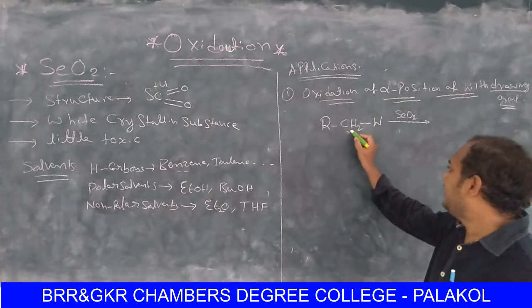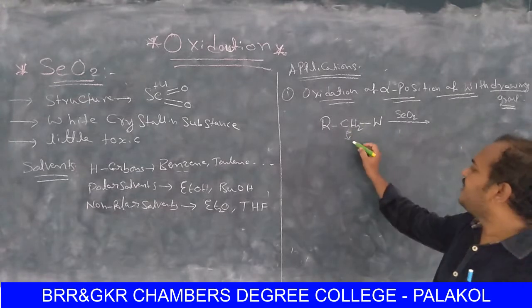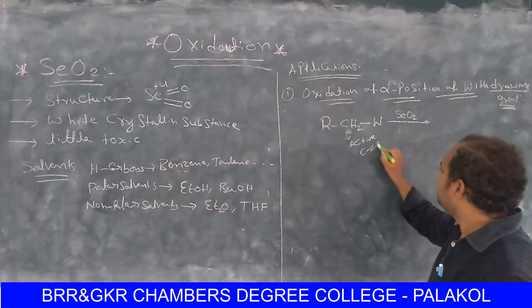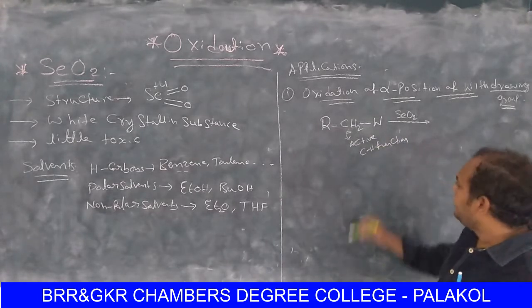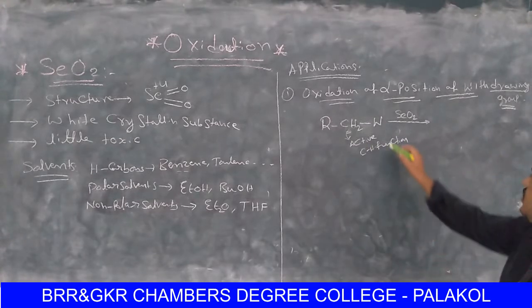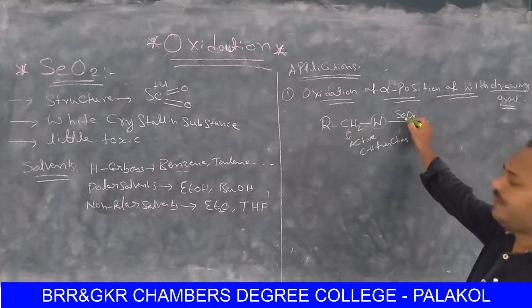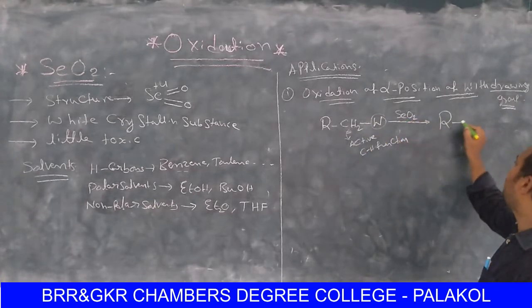This is called an active CH function, activated by the electron withdrawing group, and whenever we use SeO2, CH2 is converted to C double bond O.